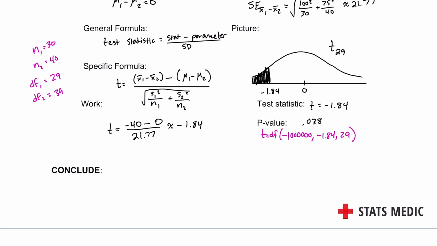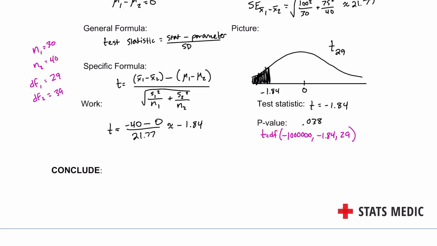0.038. Now, the other thing that you can do, you just have to be careful, is use the function in the calculator called 2-sample t-test. If you remember from before, under tests there's an option that says 2-sample t interval, and we used that to figure out what the degrees of freedom were for our confidence intervals.